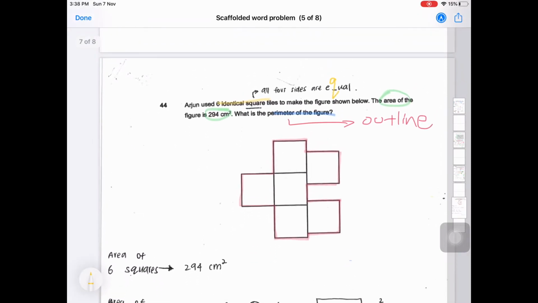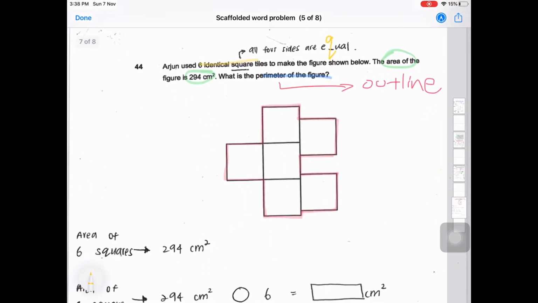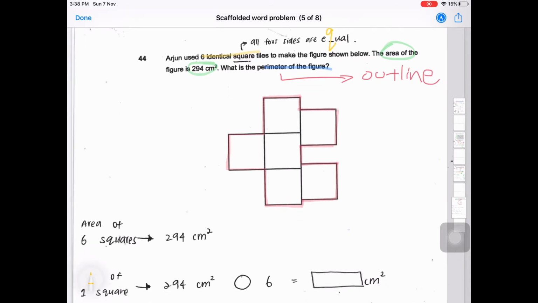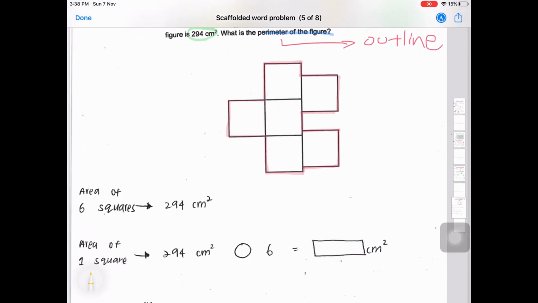So all 4 sides are equal. Now that we know that the area of 6 squares is 294 square centimeters, we can find the area of 1 square. To find the area of 1 square, simply divide 294 divided by 6.